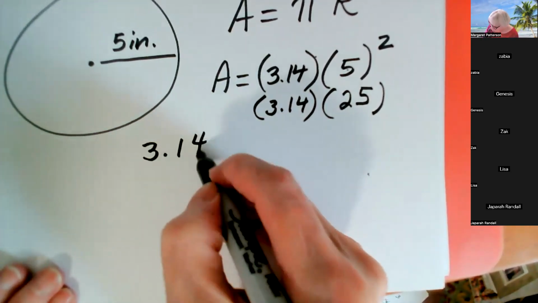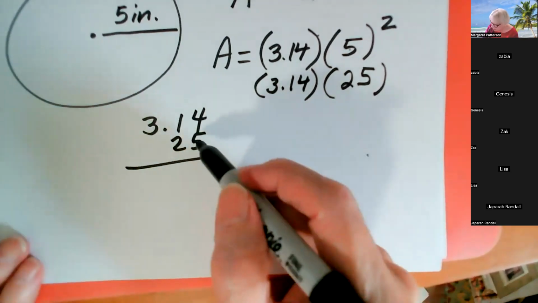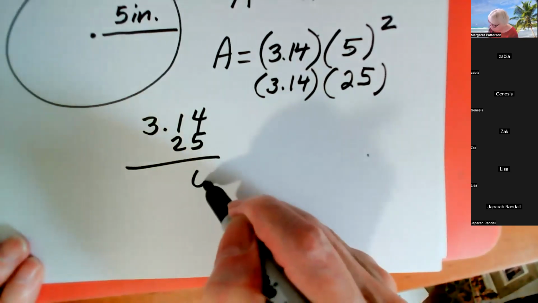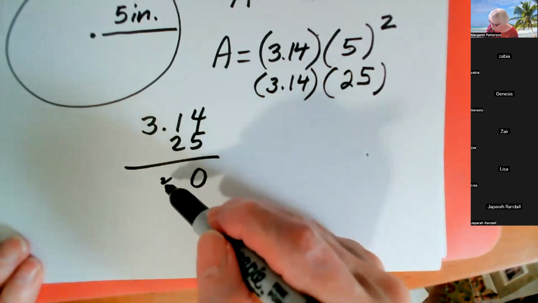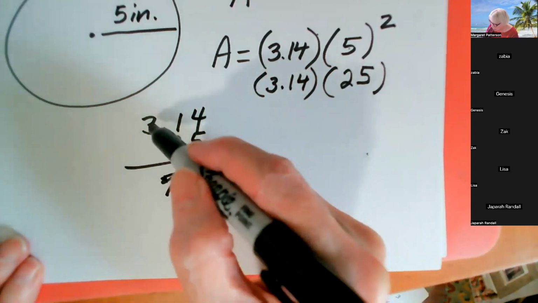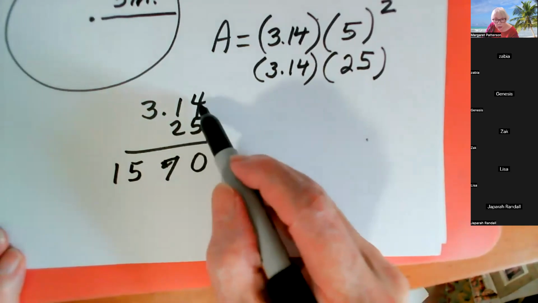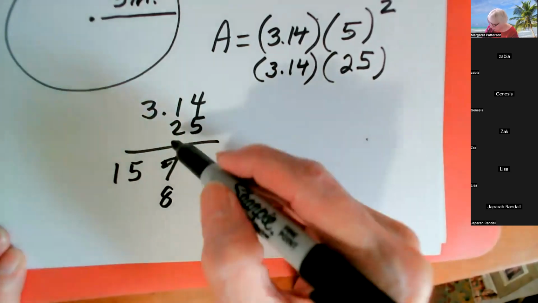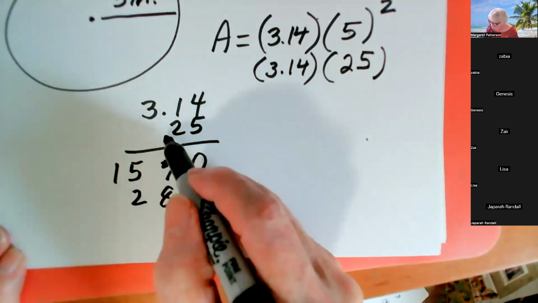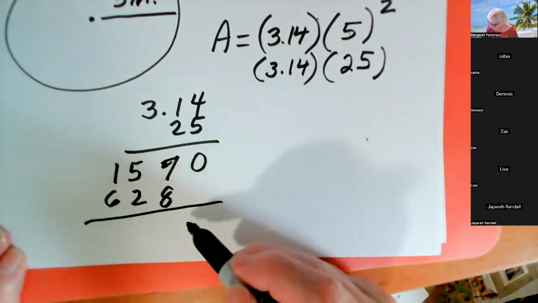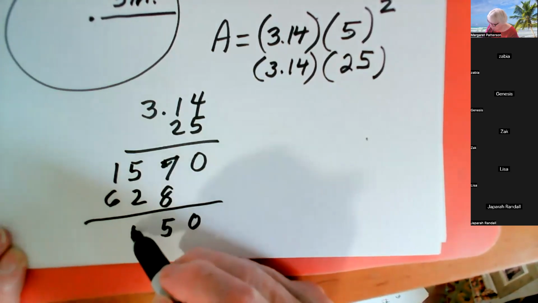This is not our favorite, but that can be done. 5 times 4 is 20, carry a 2. 5 times 1 is 5 and 2 is 7. And this is 15. And then 2 times this is 8. 2 times 1 is 2. 2 times 3 is 6. 0. 15, carry 1. 8.